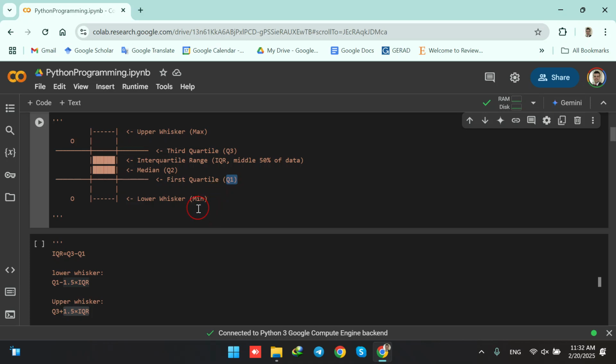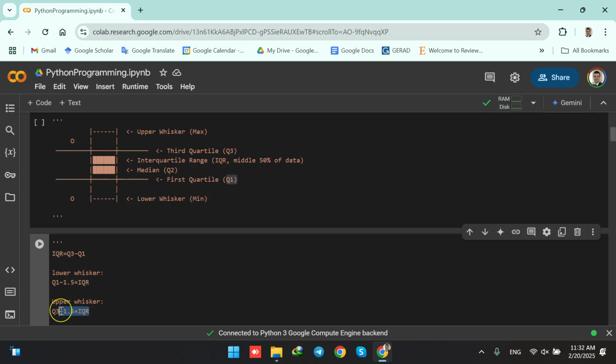An outlier is a data point that is unusually far from the data set, okay? Based on, for example, 1.5 multiplied by the interquartile range. So this rule gives us the upper whisker and the lower whisker.